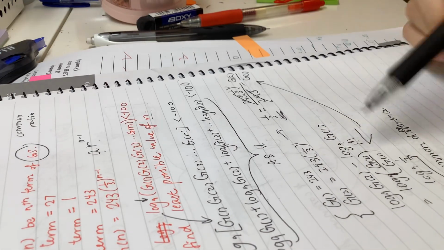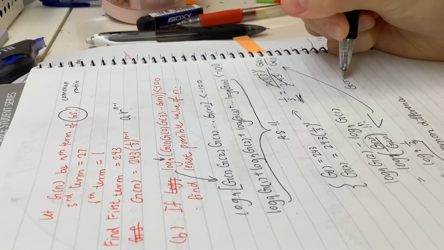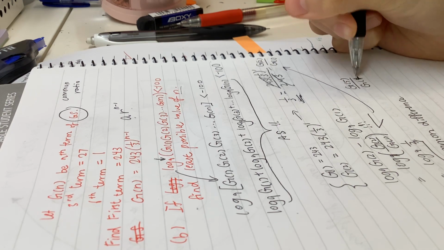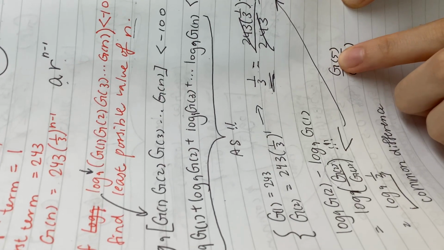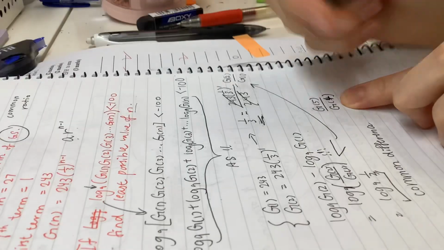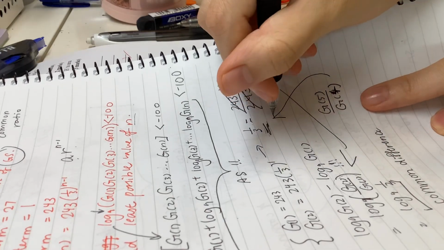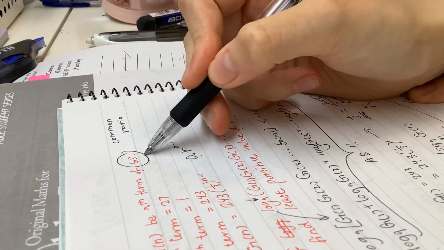We know this because no matter which terms you substitute, as long as it is the later term and the previous term, we will always get the same ratio because it is a GS, right?